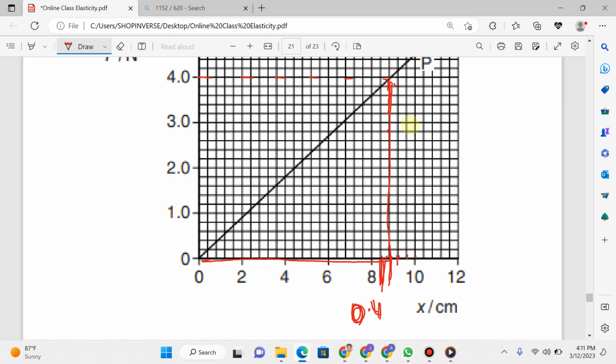How did I get 0.4? Because there are 5 divisions between 8 and 10. Between 8 and 10, the difference is 2. How many divisions do we have between 8 and 10? We have 1, 2, 3, 4, 5. We have 5 divisions. 2 divided by 5 will give us 0.4. So each smaller box is 0.4 units.